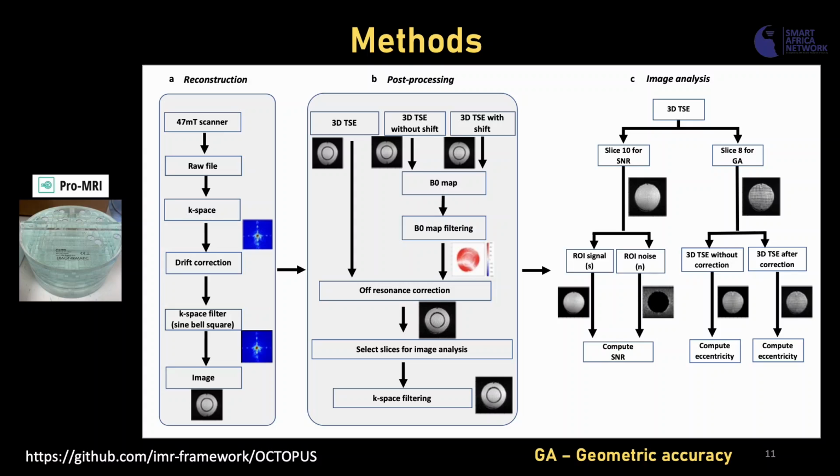Then we selected some of these slices from the 3D images to look at tests prescribed by the Pro MRI and the ACR, mostly for purposes of image uniformity, geometric distortion, and signal to noise ratio. So on the right, you can see our workflow for computing the SNR and geometric distortion and the slices that we've picked.